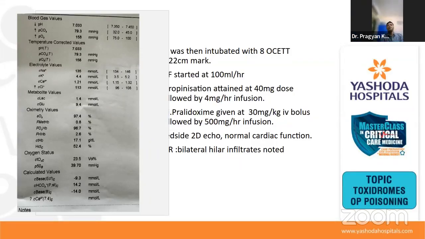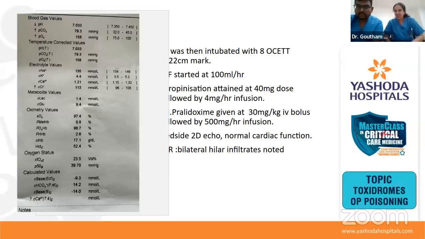Do you know any slogan or saying or mnemonic for the signs of atropinization?